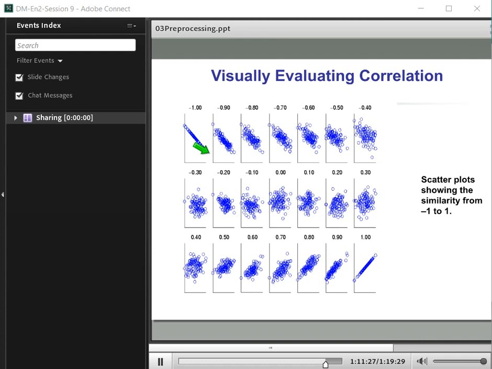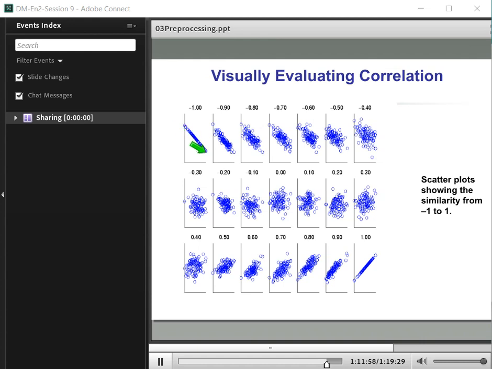In -1, we can see as soon as the value of one feature increases, the value of the second feature decreases. And in +1, you can see that the values of both features increase together. Also, you can find some other correlations here.